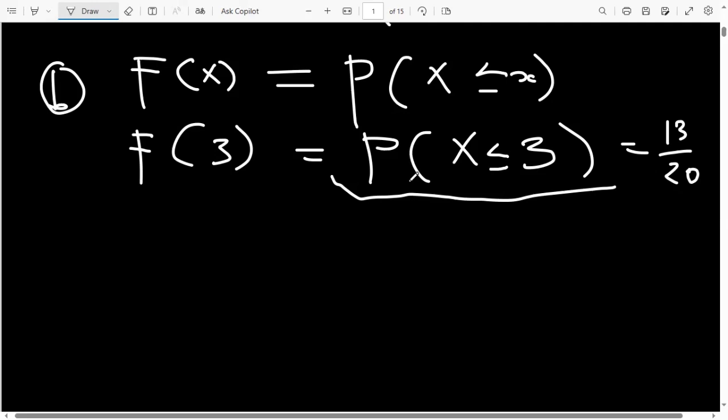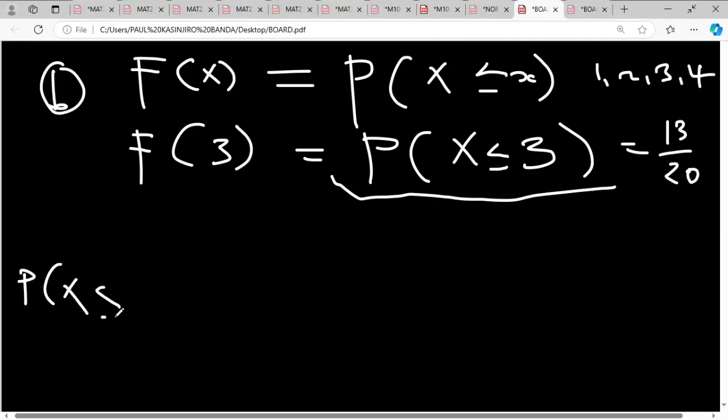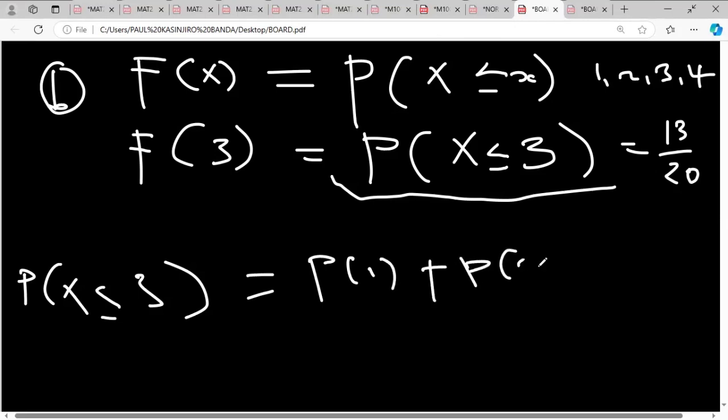Okay. Did I mention 0? No, 0 is not there because the random variables start at 1, 2, 3, 4. So we don't consider 0 here. So the probability of x being less than or equal to 3 will just be equal to the probability of 1 plus the probability of 2 plus the probability of 3.